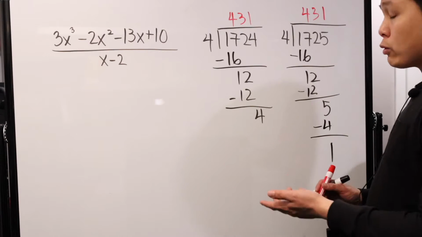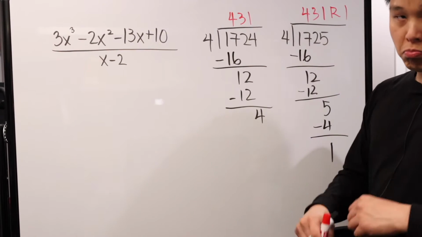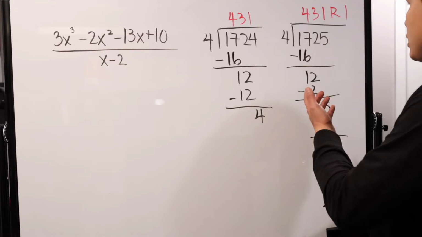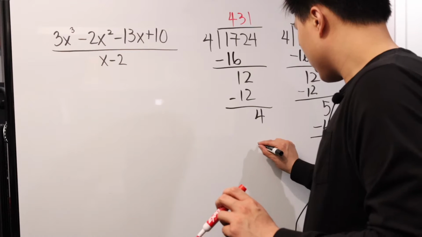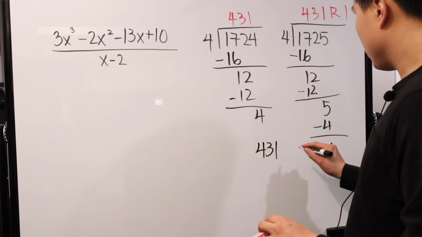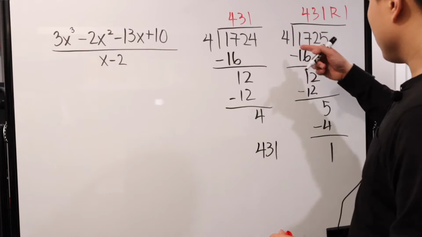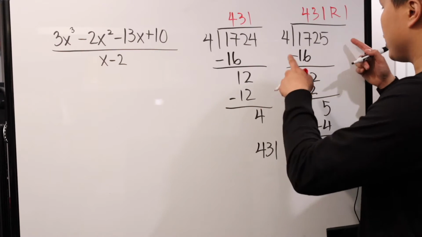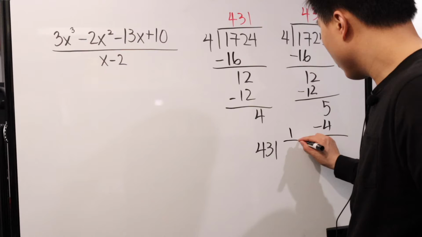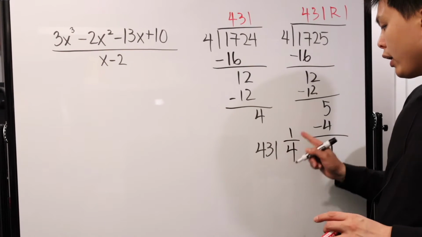Normally, there's two ways we go about it. We either say, okay, now we have a remainder 1, which is good. That just means that we have 431 and remainder 1. If we want to write it in fraction form to completely finish the solution, it's going to be 1 over, which is the remainder, whatever you're dividing by, 4. So it's going to be 431 and 1/4.